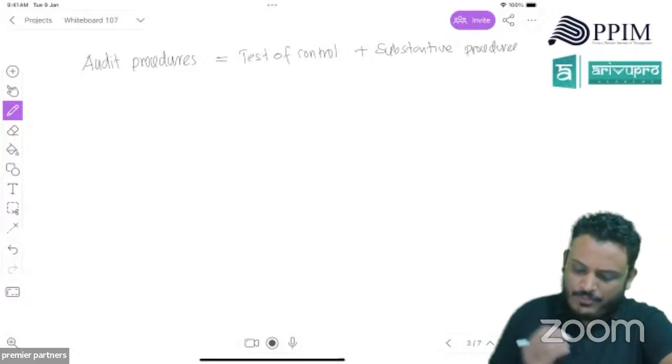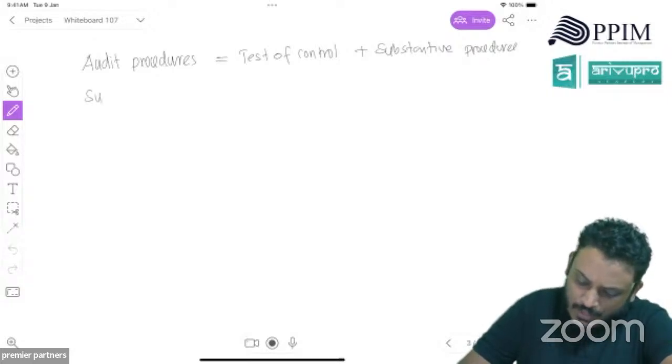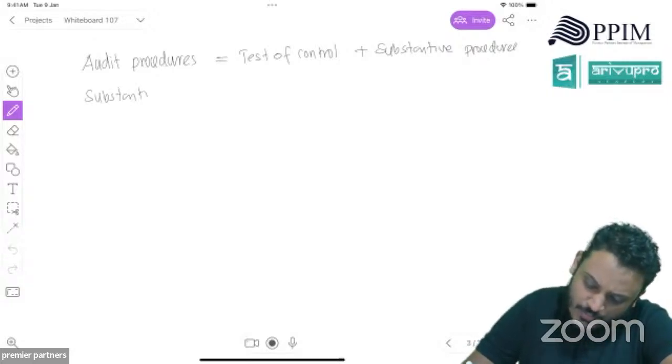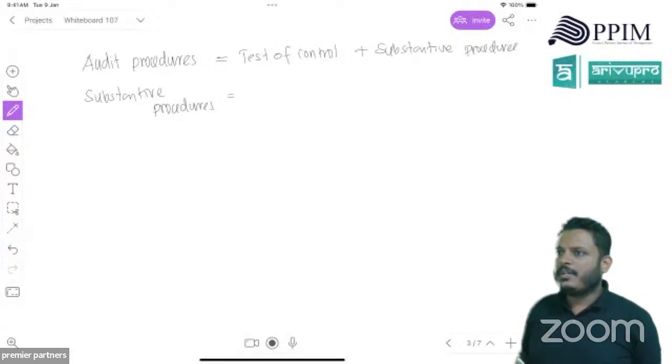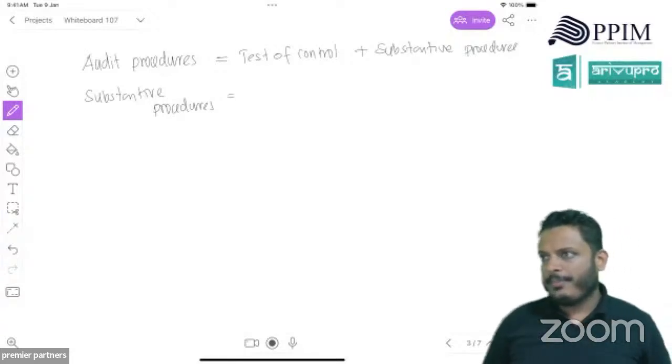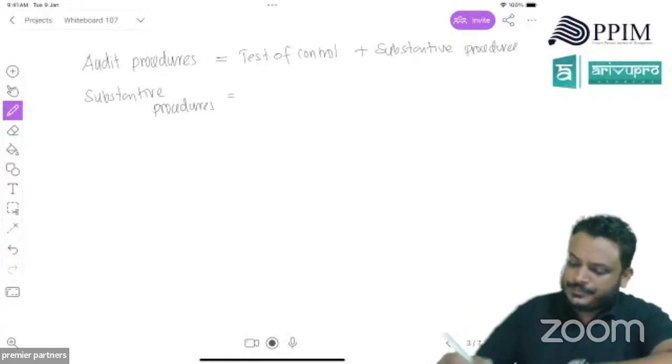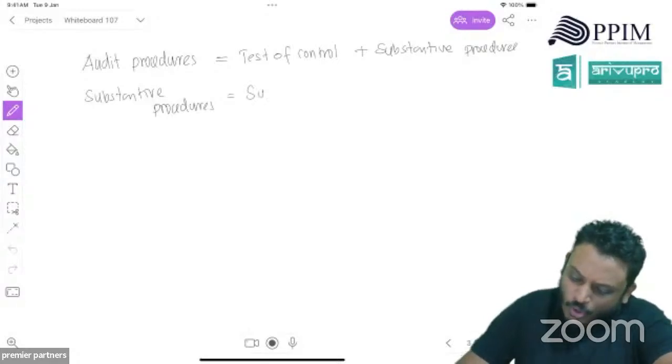Suppose if the verb is substantive procedures, then only substantive procedures you can write. Here you can't write what?